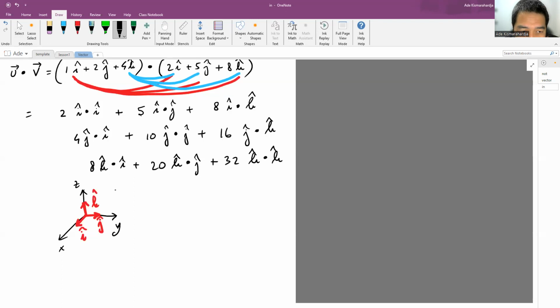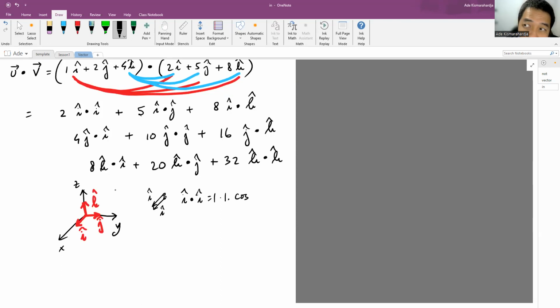Now when you think about this dot product, for example, you have the unit vector i, and you dot it with another unit vector i. The dot product between them will just be 1 times 1, because their magnitudes are 1, times the cosine of the angle between them.